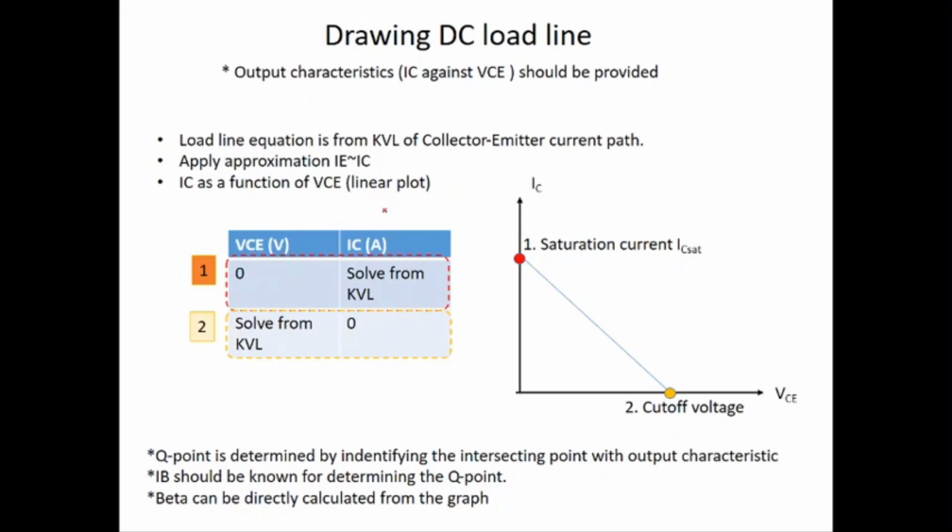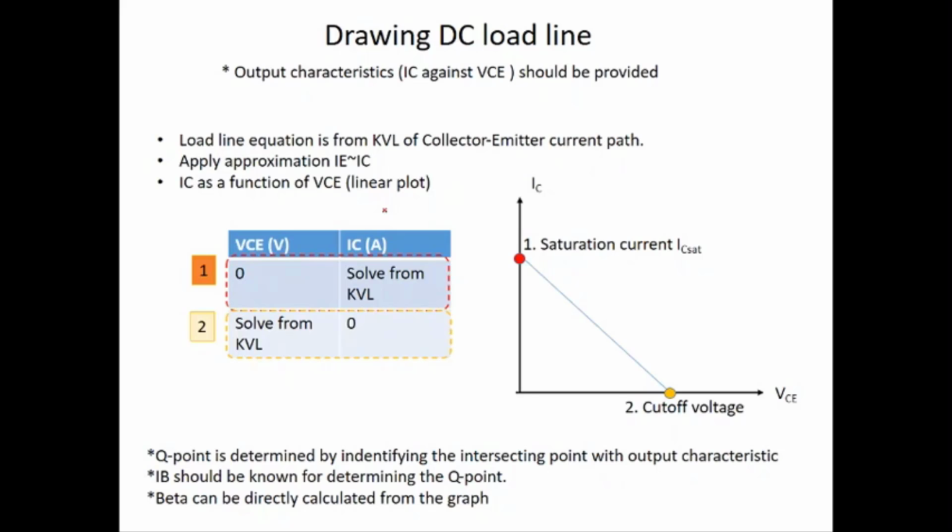When you do the DC load line, the prerequisite is you need to have the output characteristic of the BJT. It is important to have the output characteristic in order to solve the DC analysis problem.